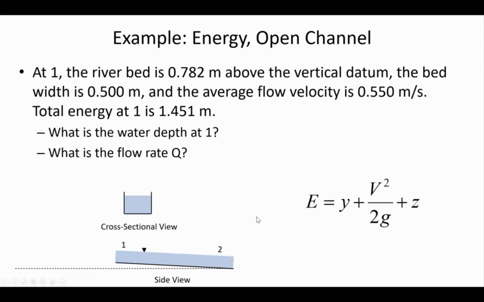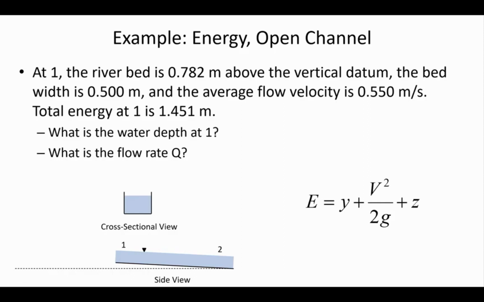Okay. So let's get just a bit of practice using this new formulation of the energy equation, where we no longer think in terms of pressure, but now we start thinking in terms of depth. Okay, I've given you both a side view and a cross-sectional view. And we have location 1.